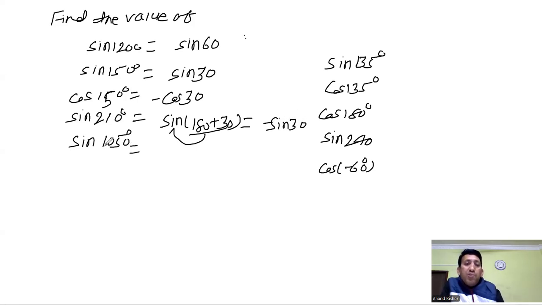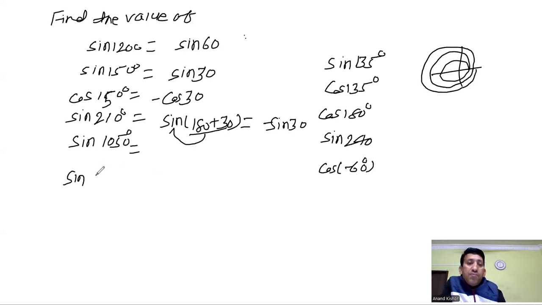This is 1050 degree. How can we solve this 1050 degree? See, we know this is 360, this is 720, 2 into 360, this is 3 into 360. So we can solve it like that. Whenever the angle is greater, we have to make sure the angle is close to a multiple of 360. 360 is much less than 1050, 720 is also less.